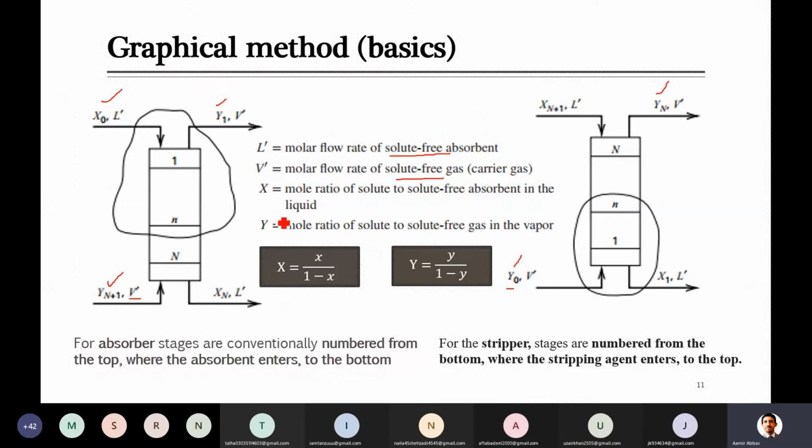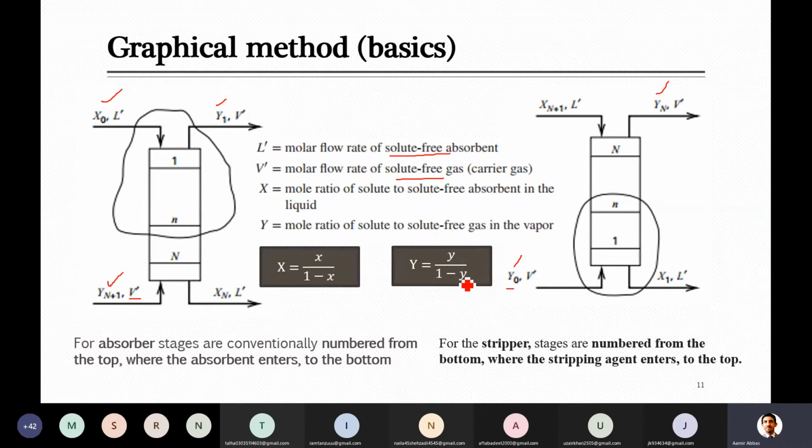So overall, X capital is the mole ratio, or also we can say it is the ratio of the mole fraction of the solute to the solute free solvent. And similarly for the vapor phase, it is the molar ratio of the solute present in the gas stream to the mole fraction of the other side, which is the vapor.